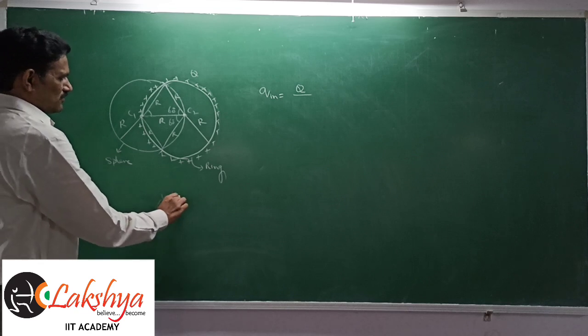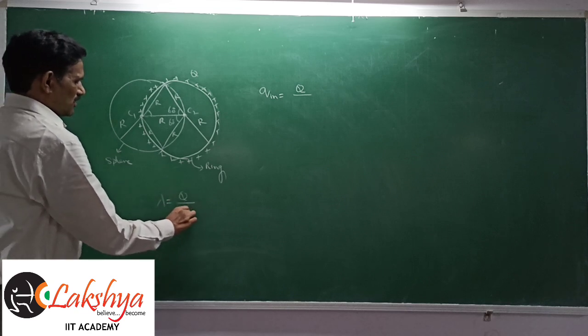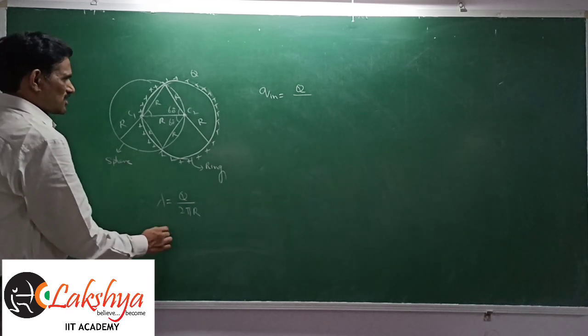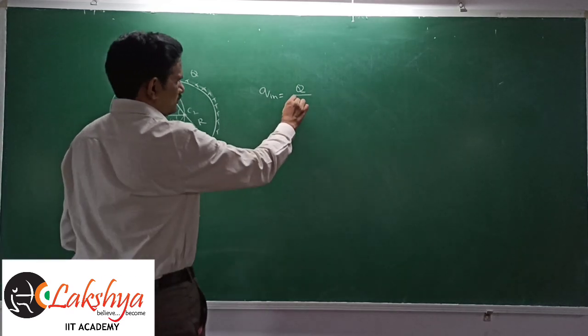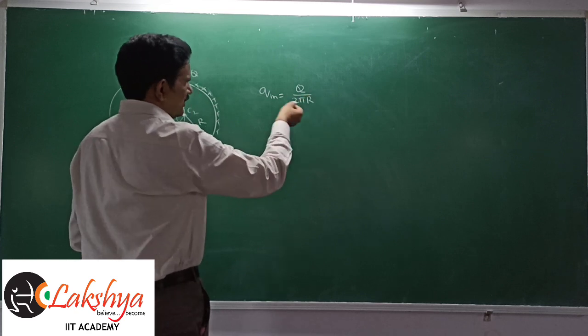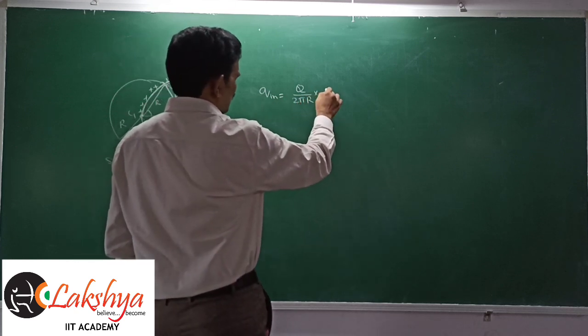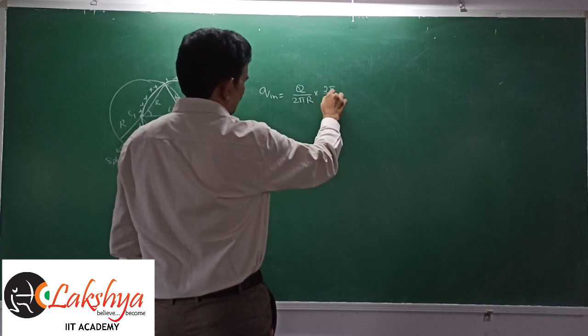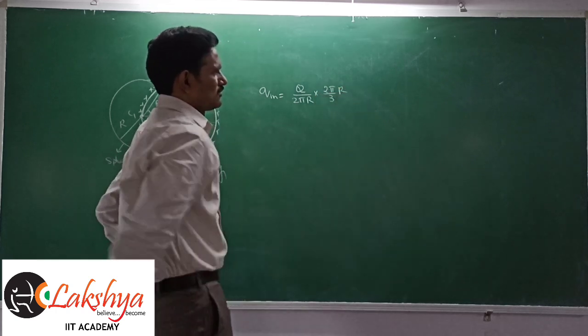Then this charge enclosed we can write as Q by 2 pi r into the length of that arc. The length of that arc we can write as 2 pi by 3 into r, because of the r theta formula. This total angle is 120 degrees.